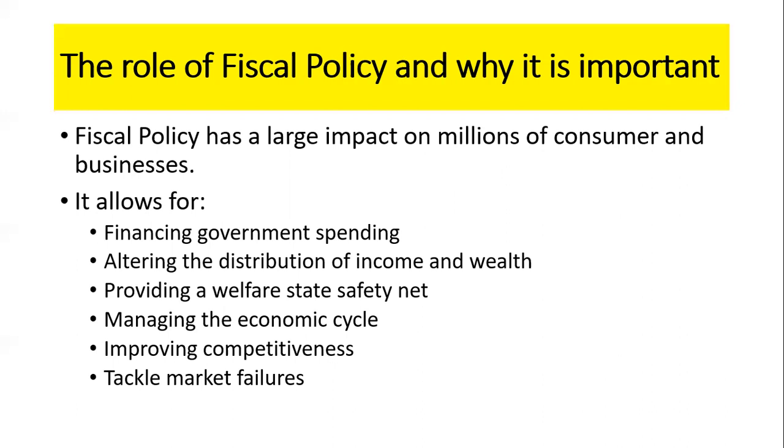We also want to look at improving competitiveness within a country. How can we remain competitive with other countries? What can we do as a country that makes ourselves ahead of the game in industry, in infrastructure, in education, in productivity of workers, in standards of living, for example? And also to tackle market failures. Think of those indirect taxes, taxes on cigarettes, taxes on alcohol, taxes on pollution, for example.